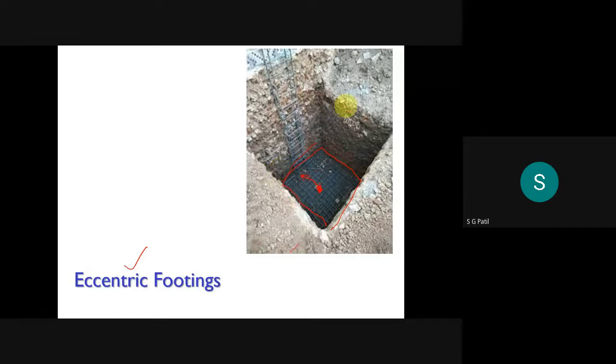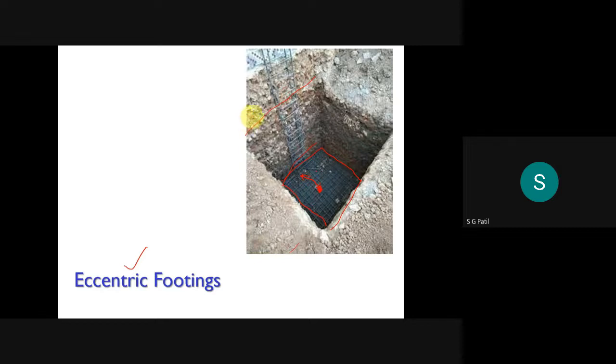These situations usually come into the picture when you are casting columns at the border of your property line. Whatever columns come near those border lines will have this kind of eccentric loading, because if your column is exactly at the end of your property line, you cannot put your foundation on the other side. The neighbour will object and put a case against you.